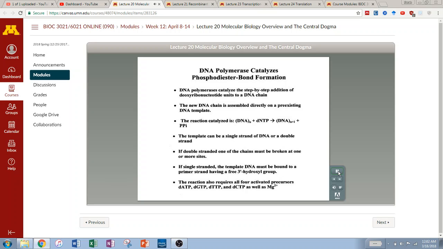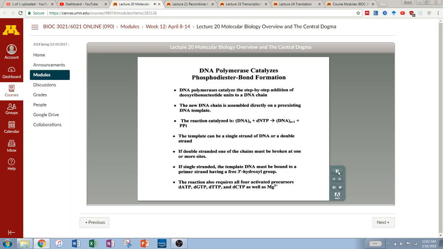The reaction catalyzed is DNA with N number of nucleotides plus dNTP yields DNA with N plus 1 number of nucleotides plus inorganic pyrophosphate. The template for replication can be single-stranded DNA or double-stranded DNA.